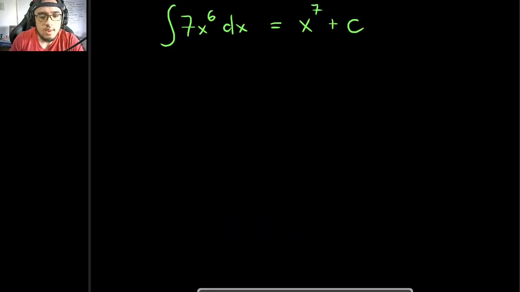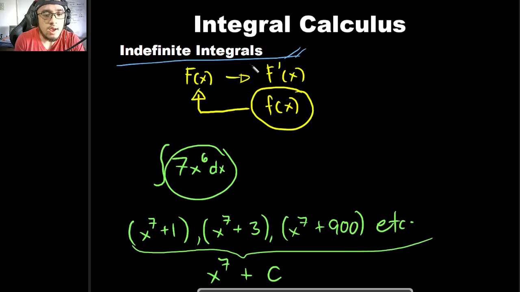Okay, so in the said problem, it is stated there that the integral of 7x raised to 6 dx is equal to x raised to 7 plus c. So what we actually did here was that we thought of possible equations that, if we are to get its derivative, would give you this one as a result.